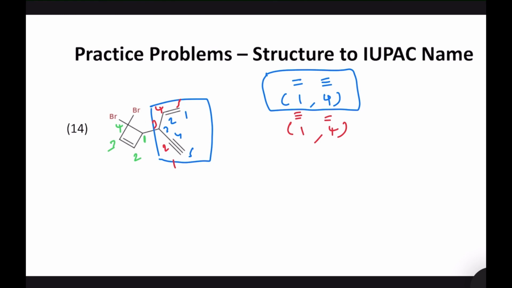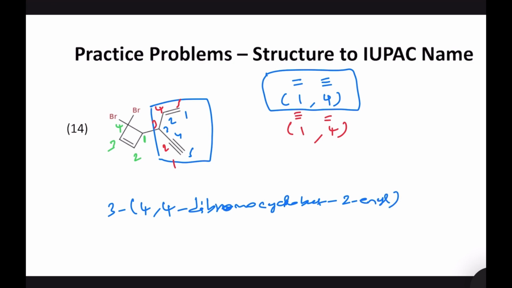and therefore this numbering is correct. So the correct IUPAC name for this molecule is, at 3 position you have a complex substituent. So 4,4-dibromocyclobut-2-enyl, that's the complex substituent which is sitting at position 3.